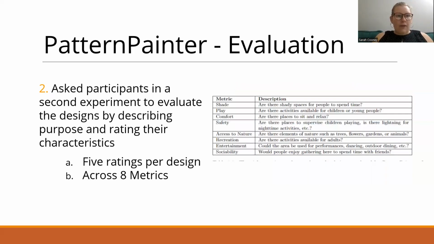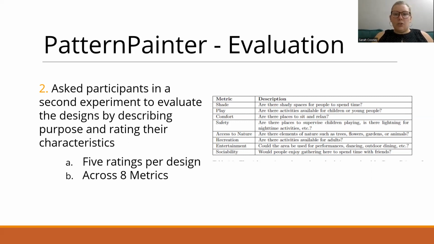In the second part of our evaluation, we asked different participants to evaluate the designs by both rating their characteristics and describing what they thought the purpose of the design was. So each design received 5 ratings across the 8 metrics seen on this table, and these were metrics that we pulled from the planning literature to capture various aspects of what we felt a good public space should be.